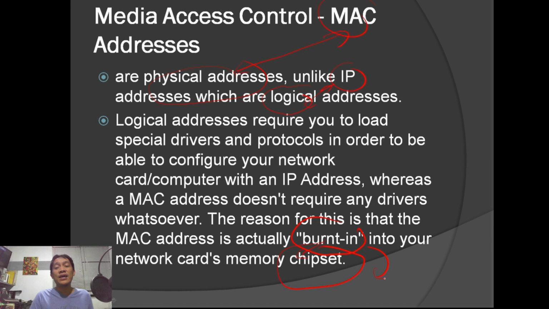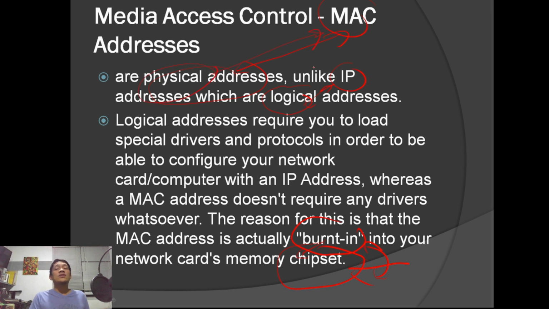Okay? Meaning to say that every network device does have a MAC address or the media access control, because that is the physical identification of those devices on the network. So meaning to say, the network identifies the devices in terms of its physical addresses.